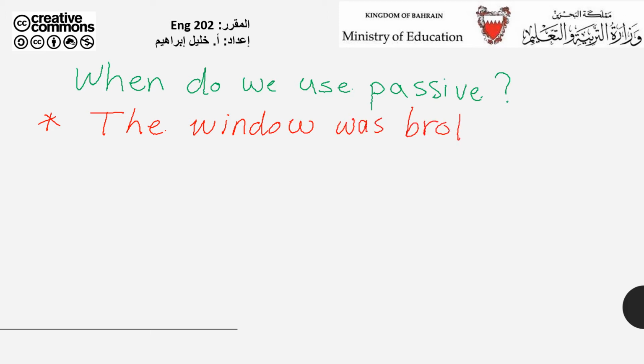If I ask you, who broke the window? You can't tell. We don't know. So we don't know who did the action, so we made a passive sentence.